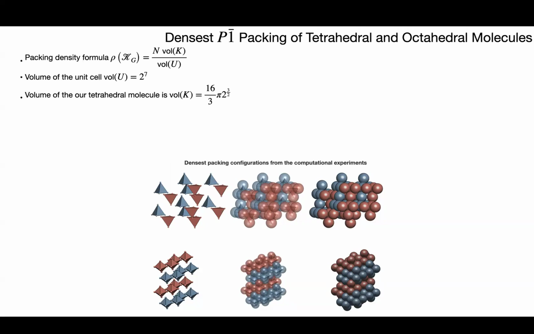So the total volume is this number. Then the n in the formula is the number of symmetry operations modulo lattice translations. Here we have 2, inversion and identity.